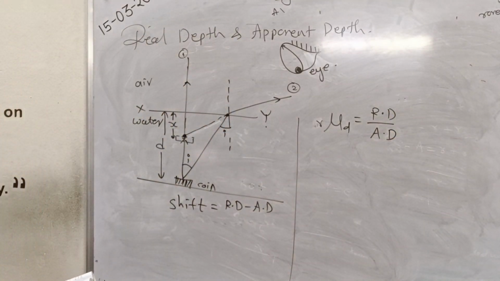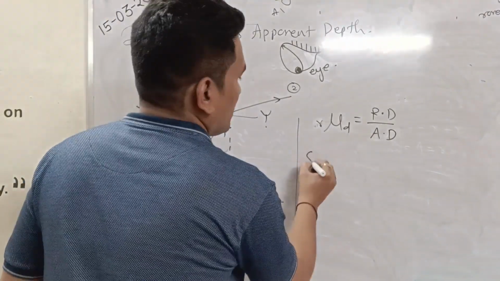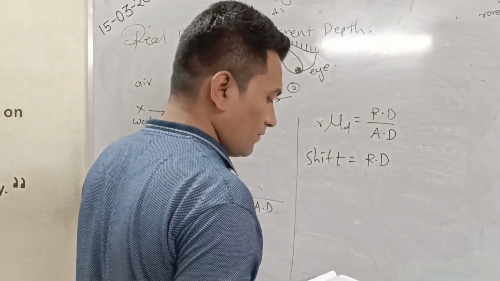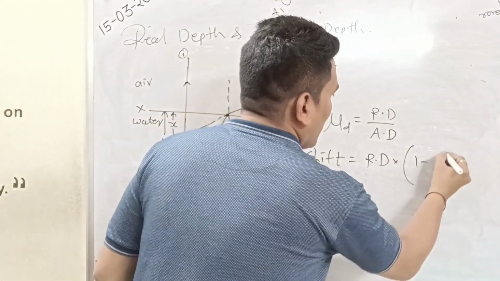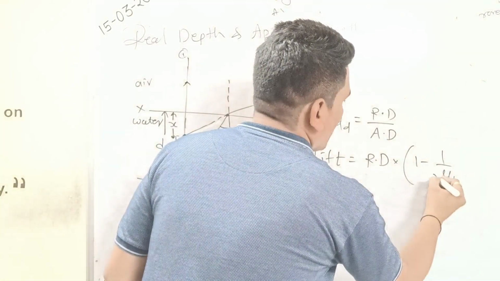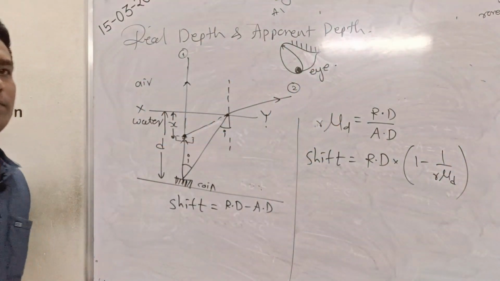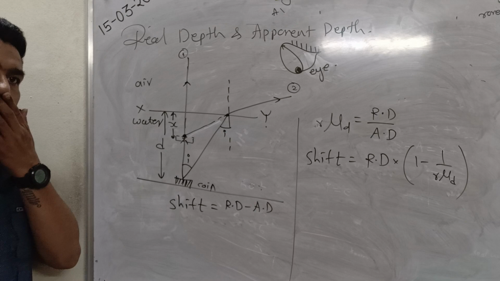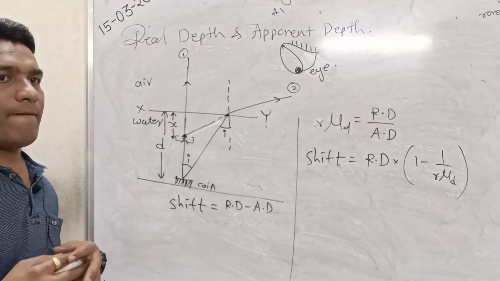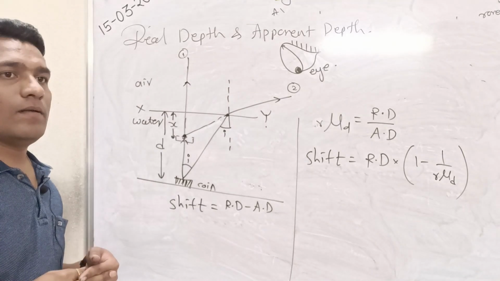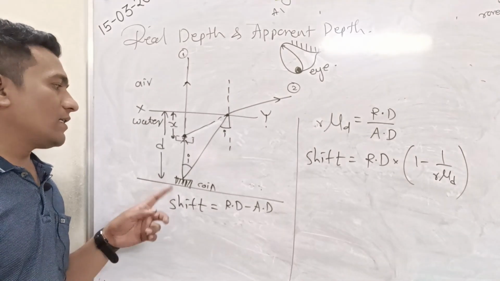And there is another formula for shift, that is shift is equal to real depth into 1 minus 1 upon the refractive index of denser with respect to rarer. Any doubt? Sir, refractive index of denser medium with respect to rarer medium means the light ray is starting from denser, right? Denser to rarer. The light ray is traveling from denser to rarer.